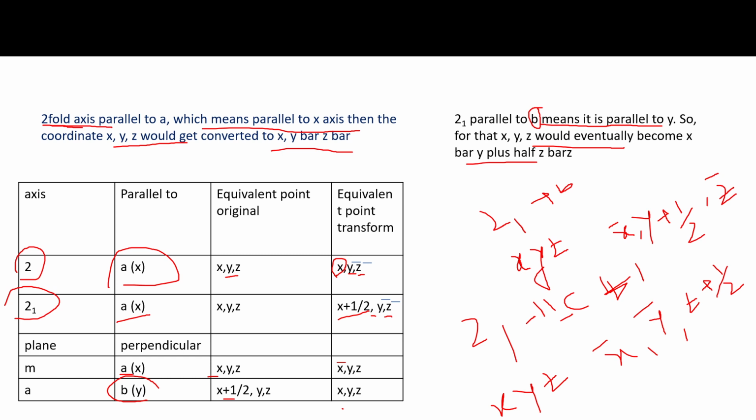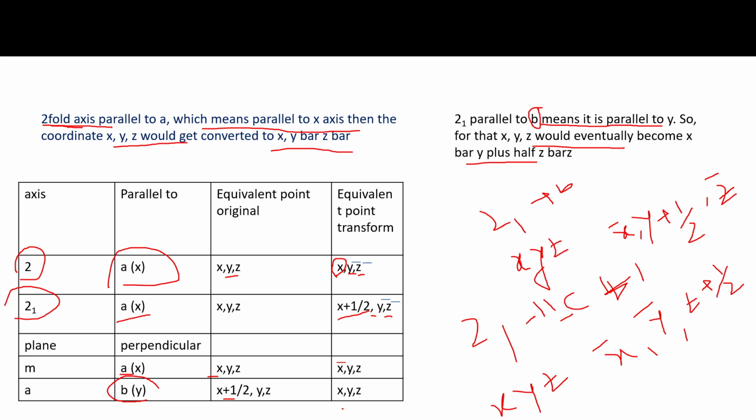Then we talk about how the plane is converted when your x y z is fixed, and for the two-fold axis of rotation, what the change will be. Then we have the two-fold axis and one gliding plane.